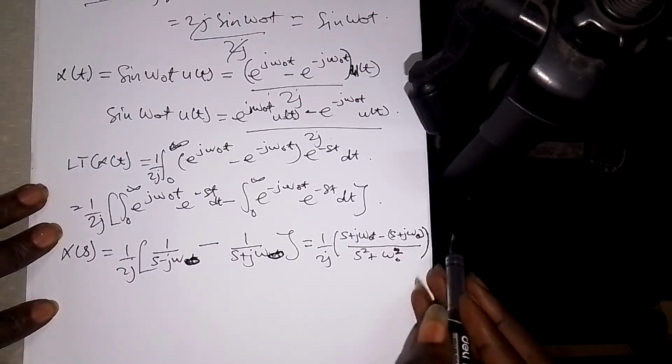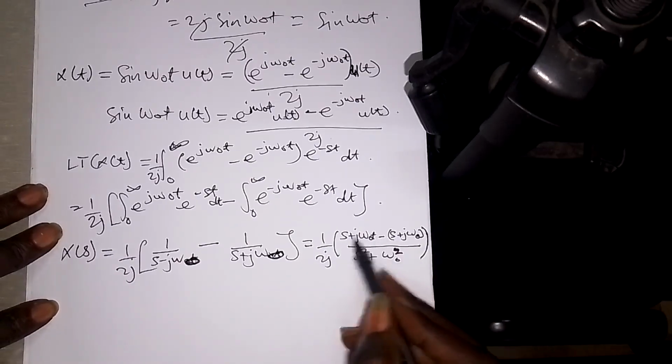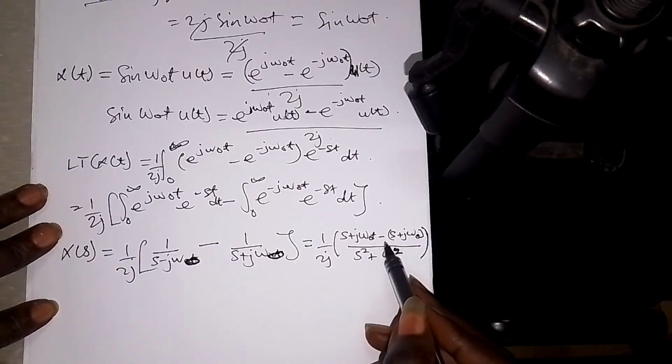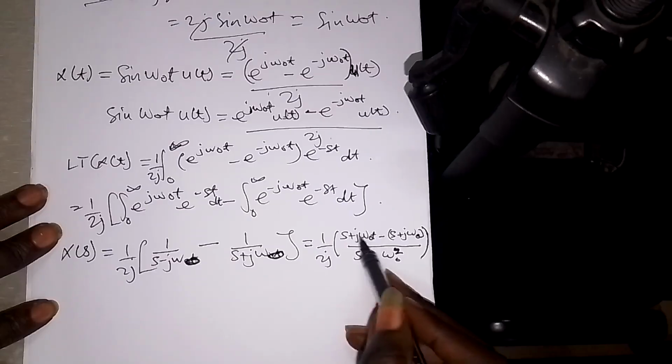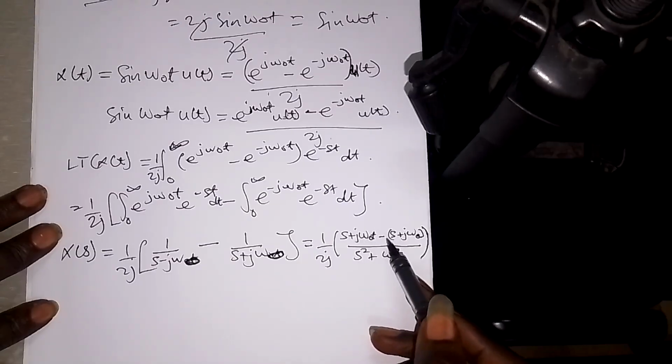So now from here, see that this one and this one will cancel. And then this one and this one will be positive.